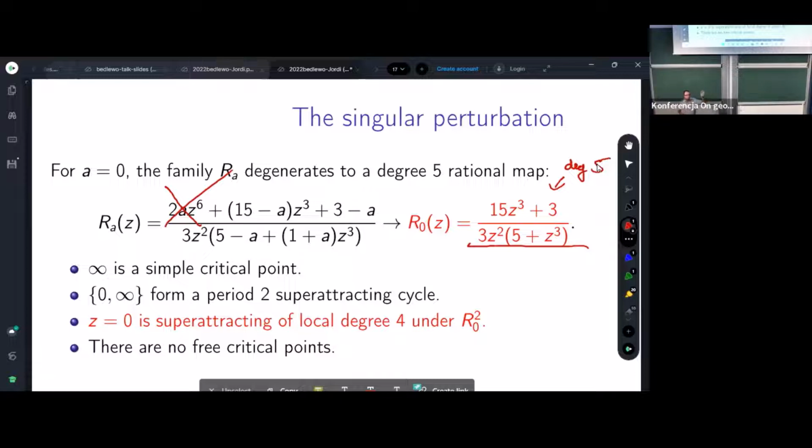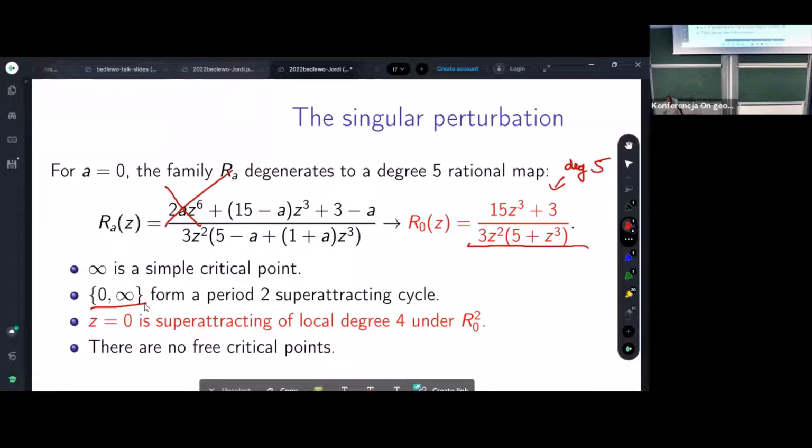Now infinity is mapped onto 0 with degree 2, because the degree of the numerator is 3 and the degree of the denominator is 5. So now 0 and infinity form a superattracting cycle of period 2. Before, infinity was a fixed point, now it forms a superattracting period 2 cycle with 0.